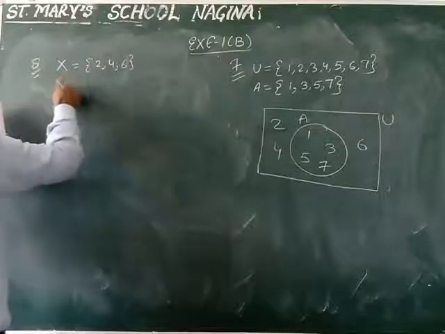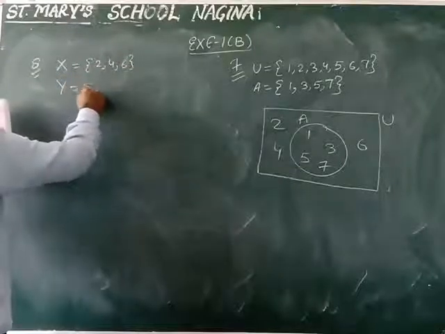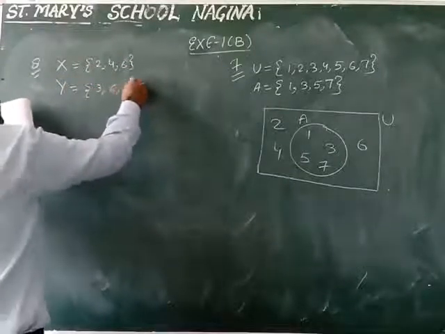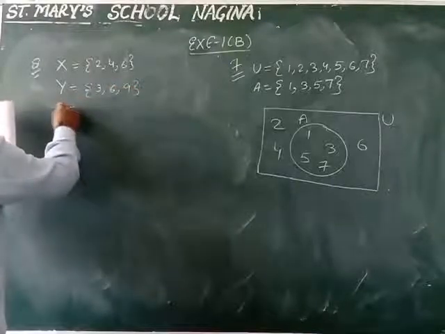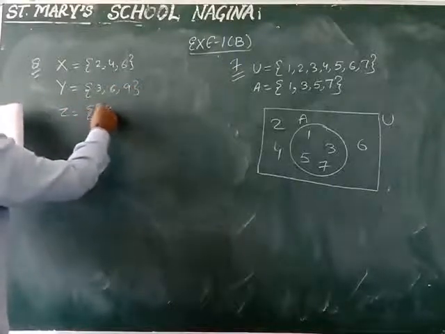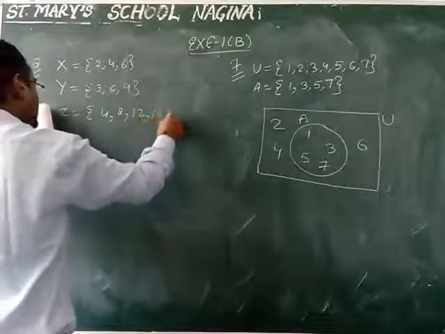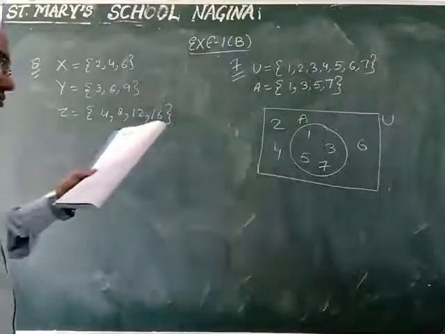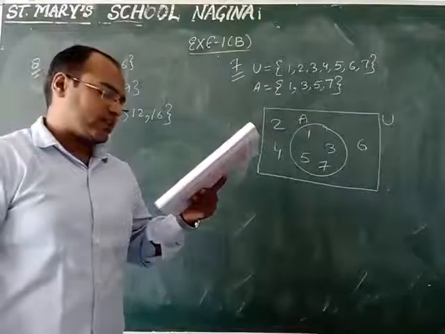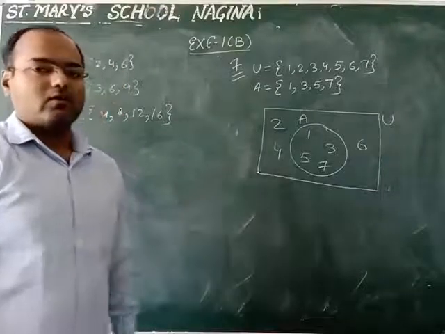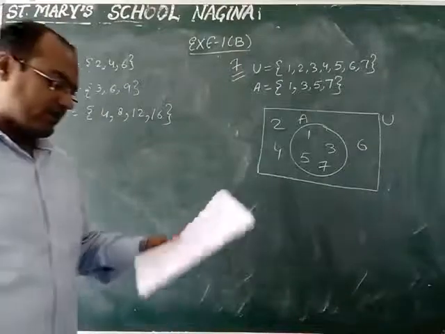Set Y is also given: 3, 6, 9. Set Z is also given: 4, 8, 12, 16. We have to identify the disjoint and overlapping sets.